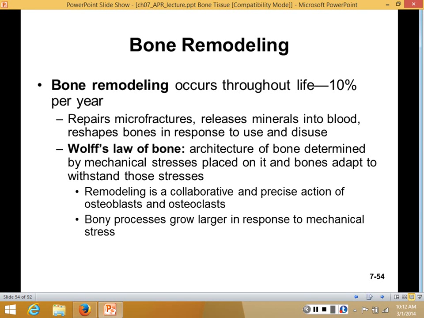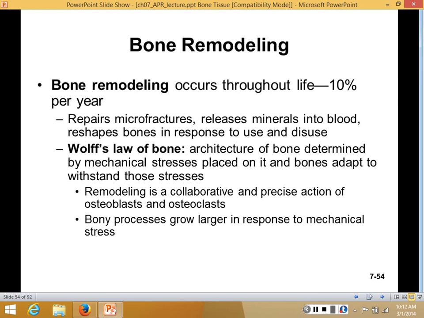The only way you're going to keep a balance here is if you are exercising. Students don't want to hear that. When you exercise, that's when your bones remain strong. Weight-bearing activities, lifting weight, walking, running, jogging, just a little bit.